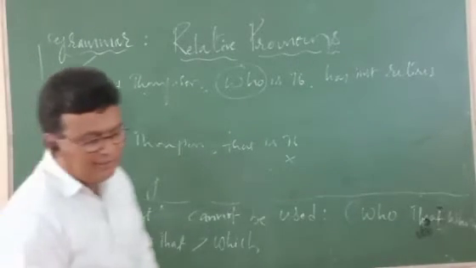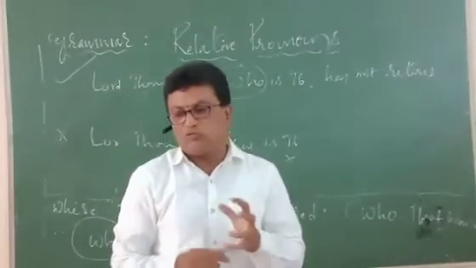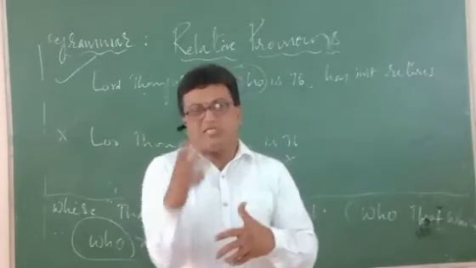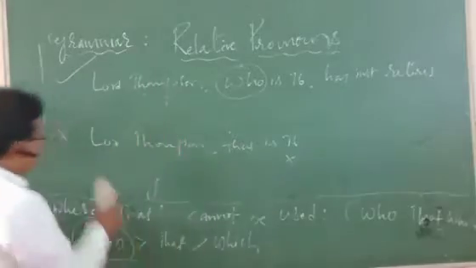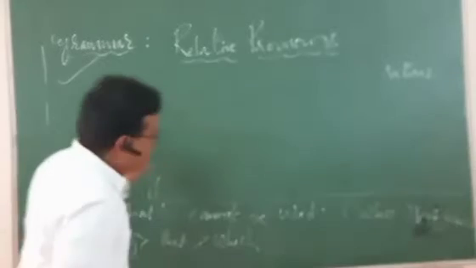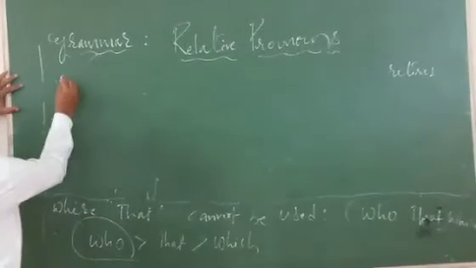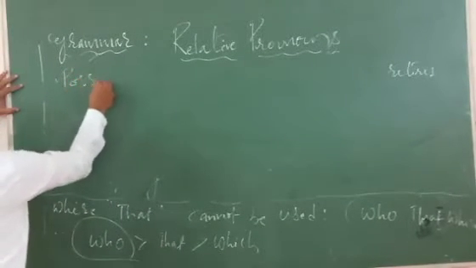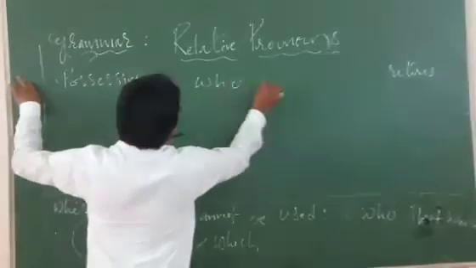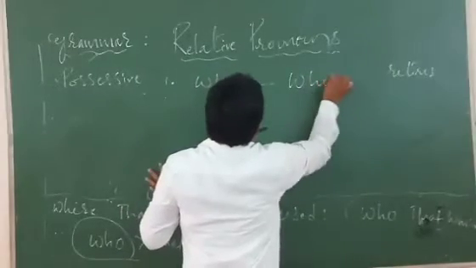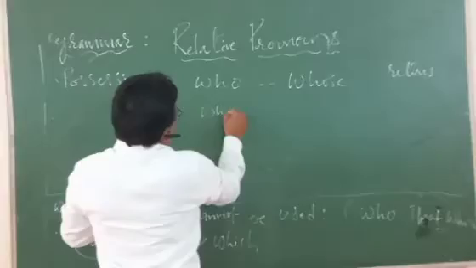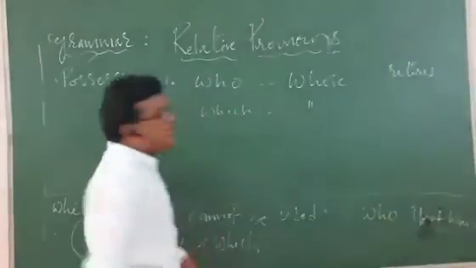Now at the same time, I would like to tell you about the possessives. What is the possessive over here? We already got to know about the possessive. Let me write it clearly. The first one, whose, possessive is whose. And the second one, which can also be used with the, okay.